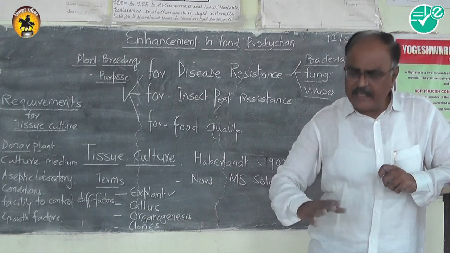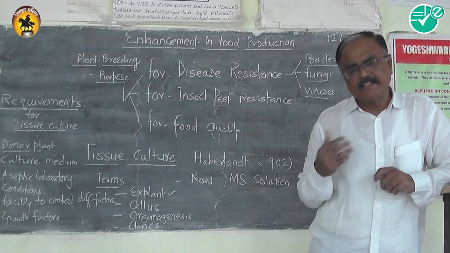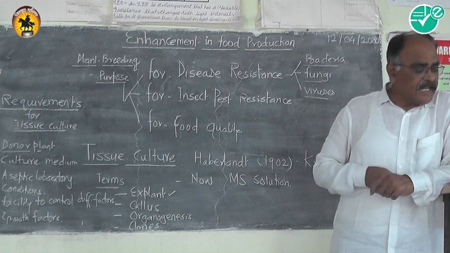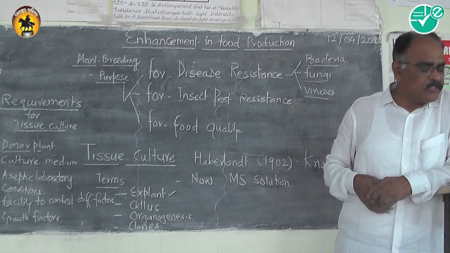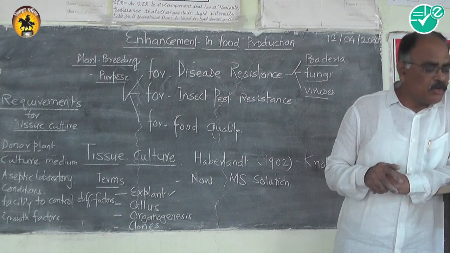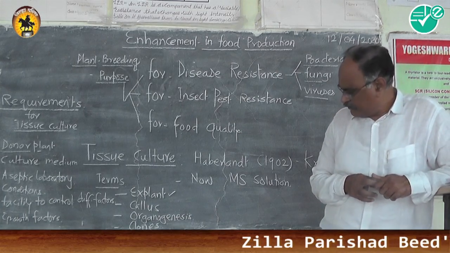When cytokinin exceeds auxin, then caulogenesis, stem generation, takes place. Such rhizogenesis and caulogenesis can be brought about by changing the proportion of the plant hormones.